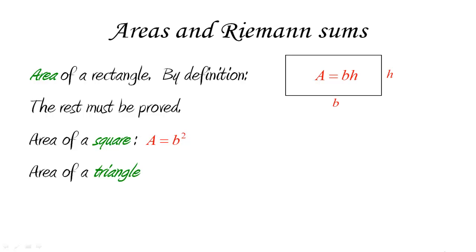How about the area of a triangle? I hope and pray that you guys still remember the formula for the area of a triangle. Do you remember how to prove it? Because again, this one needs to be proved. The proof is very simple. Start from a triangle, label its base, draw its height, and simply notice that if I draw some segments in the right place, then this shows that the area of the triangle is half of that of the rectangle with the same base and the same height.